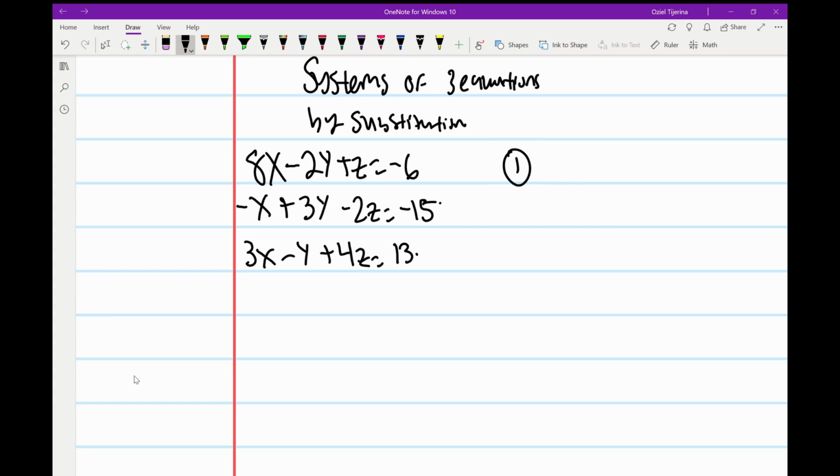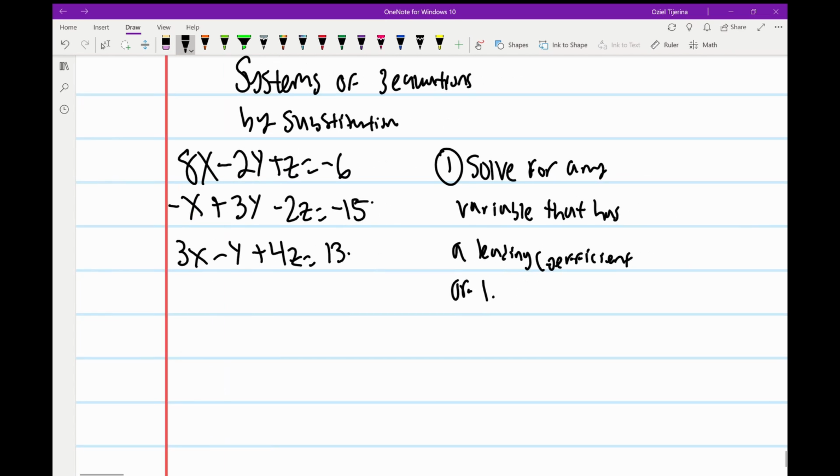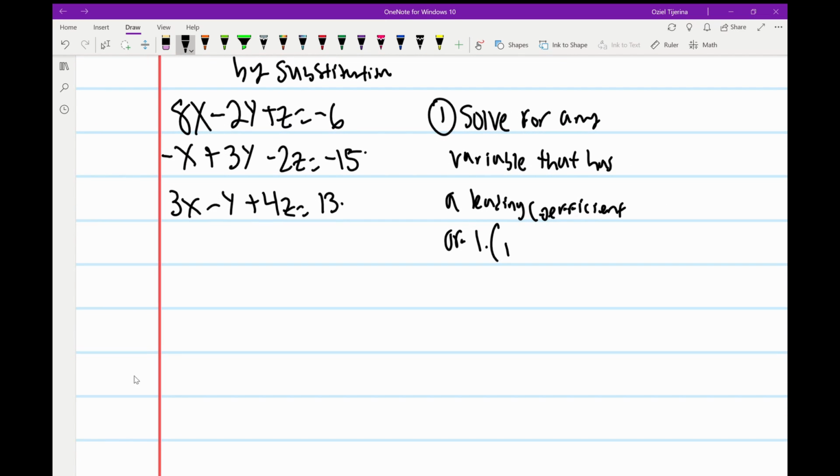So usually you want to solve for any variable that has a leading coefficient of 1, if possible, because sometimes, you know, you're given problems where you're not able to do that.